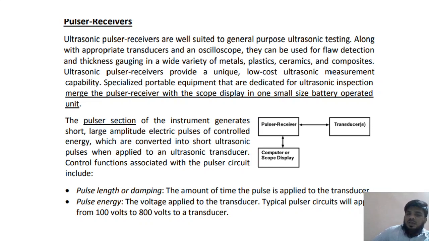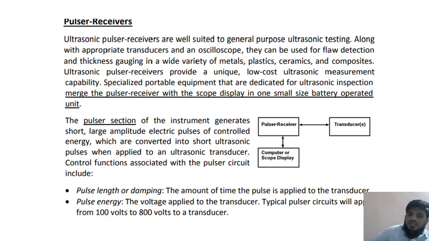The pulse length is the amount of time the pulse is applied to the transducer. So how far the transducer has sent the signal, and how much time it has taken to reach the receiver. Similarly, the pulse energy is how much energy the pulse receiver initially sent and how much we have received.